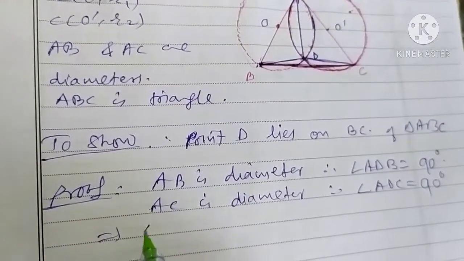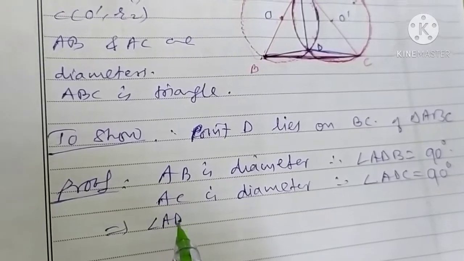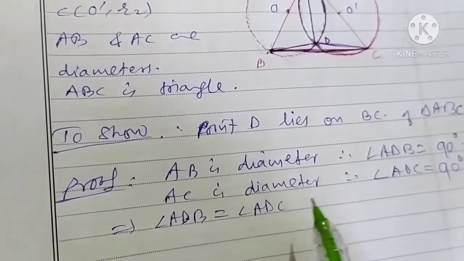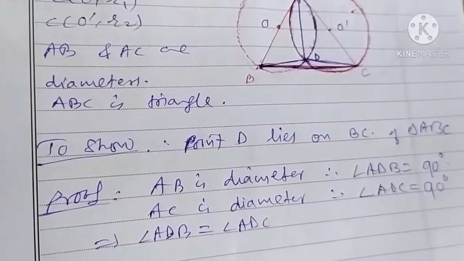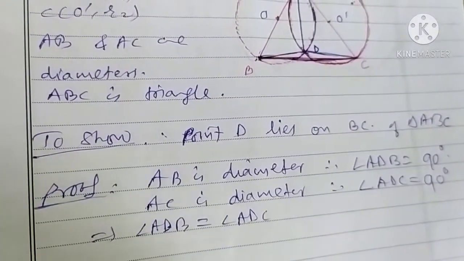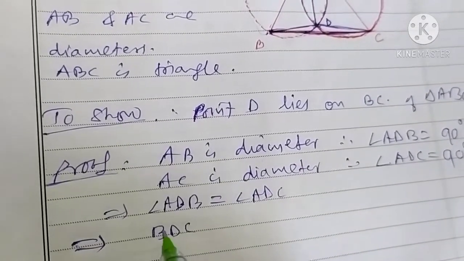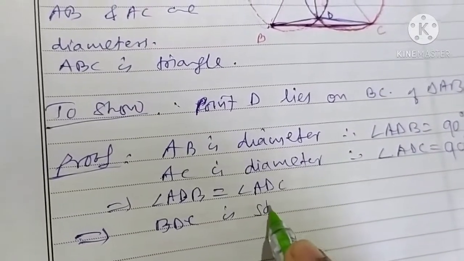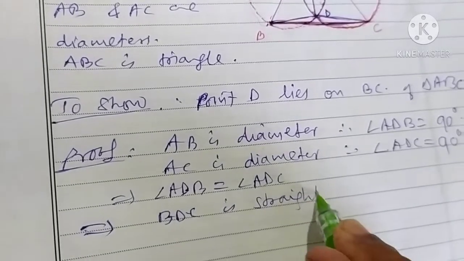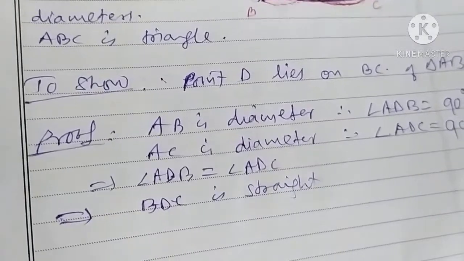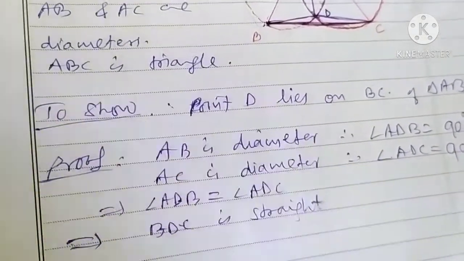This implies that angle ADB equals angle ADC. And if ADB equals angle ADC, both are 90 degrees, then BDC is straight. It must be a straight line. Clear?